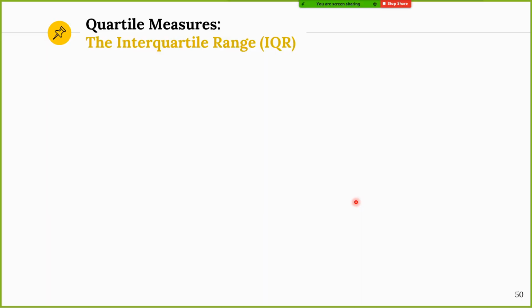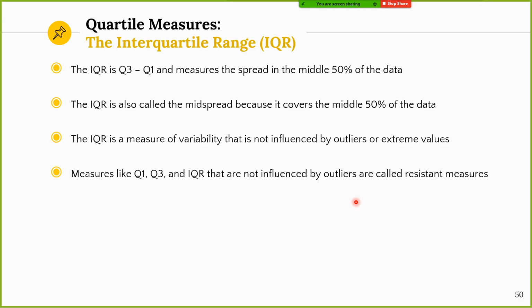Next, the interquartile range. The IQR is from Q1 to Q3, and it indicates the spread of the middle 50% of the data.